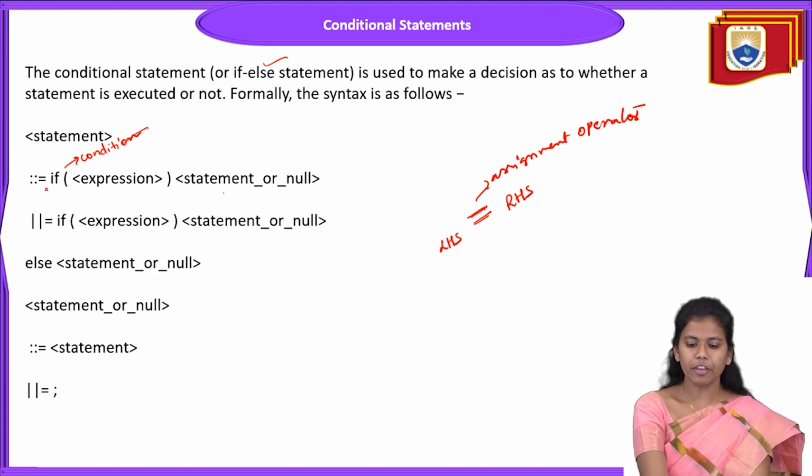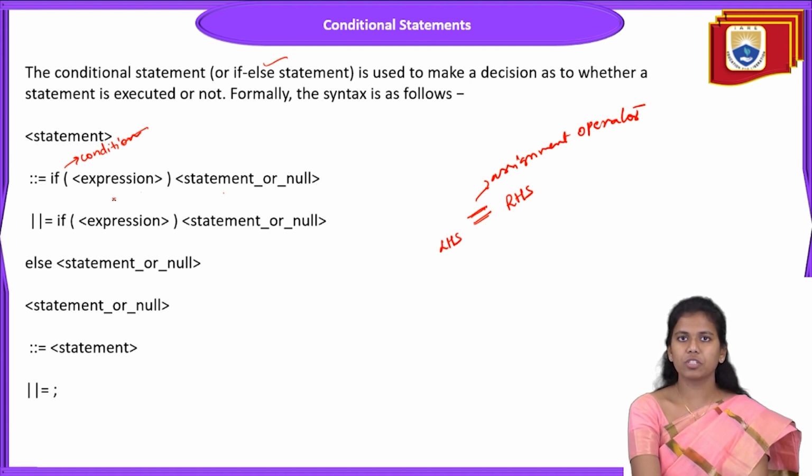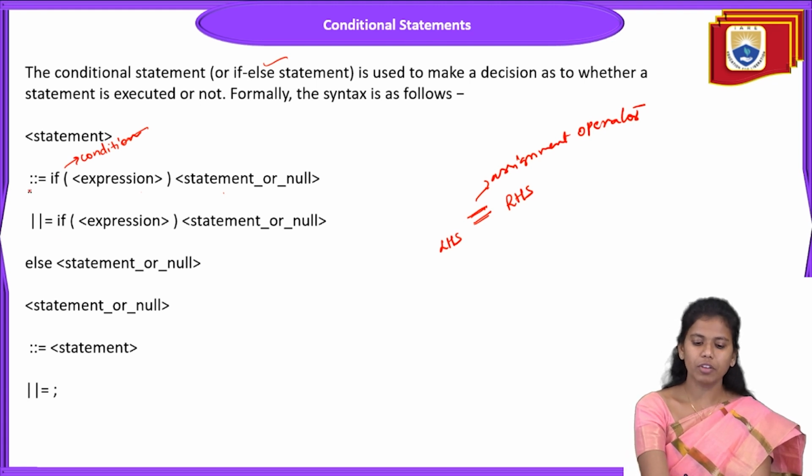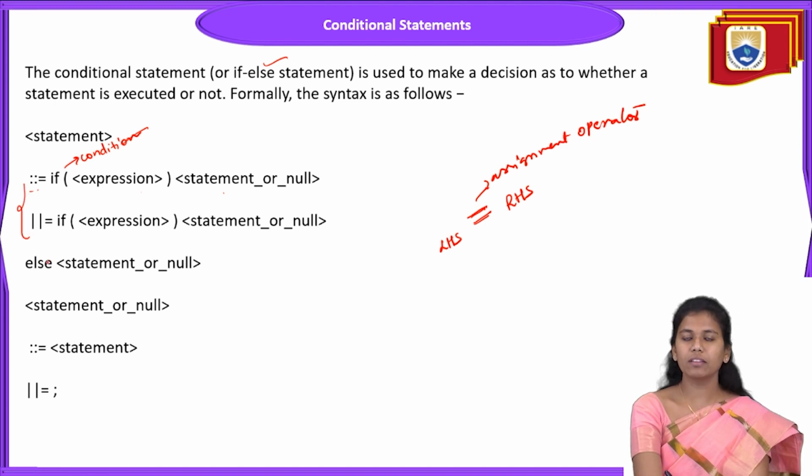If is followed with an expression and the statement, or it could be no statement, that is null. Here we have the parenthesis and the bars, right? In these two ways we can write the conditional statements.